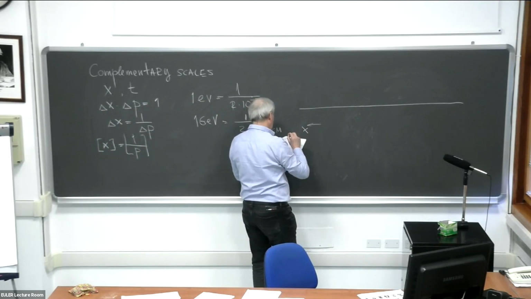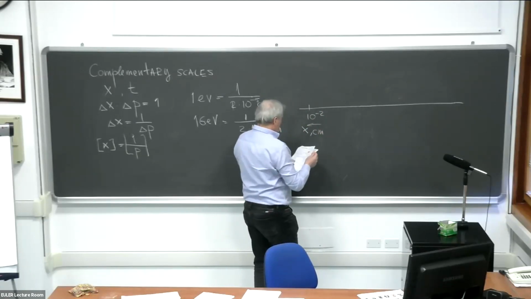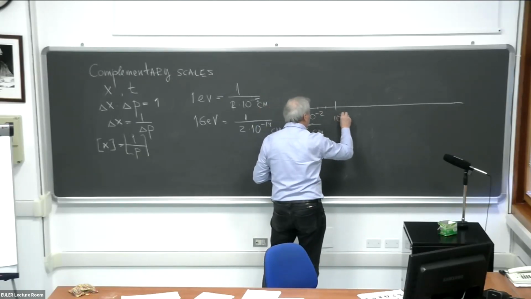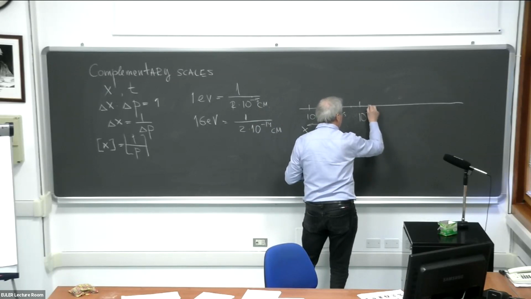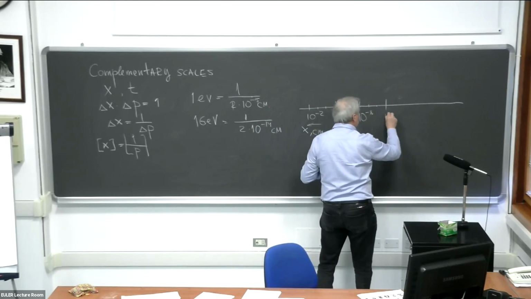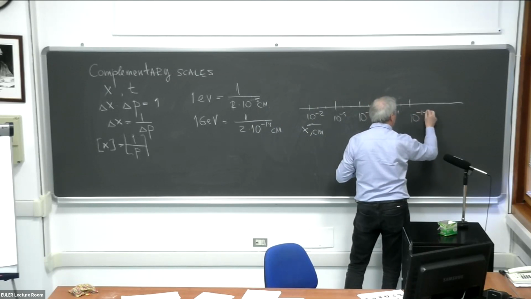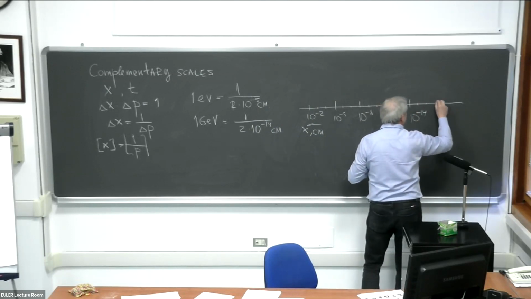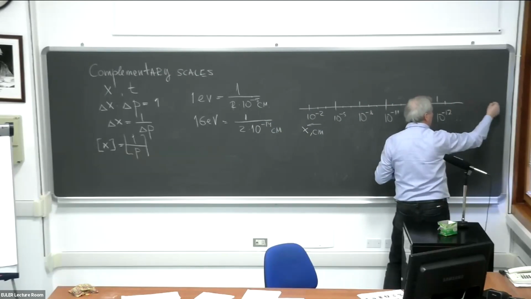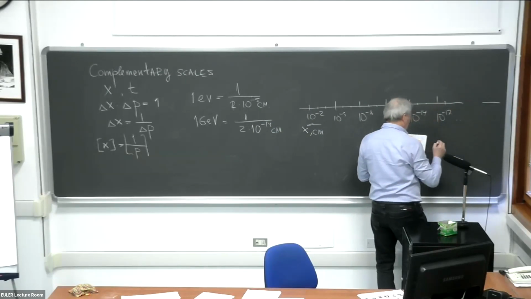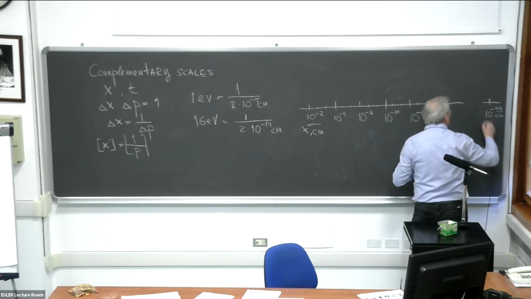So x increases in this way, and I will start with 10⁻² centimeters, then 10⁻⁵, 10⁻⁸, 10⁻¹¹, 10⁻¹⁴, 10⁻¹⁷, and then after many orders, I have this Planck scale, which is 10⁻³³ centimeters. So that's the Planck scale.